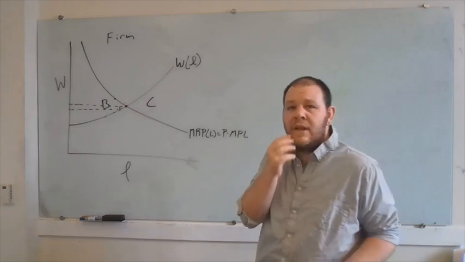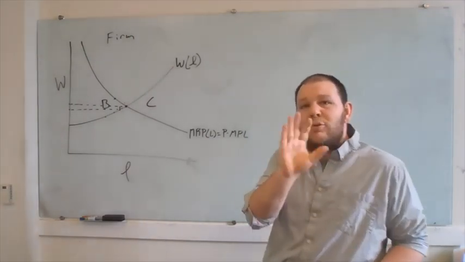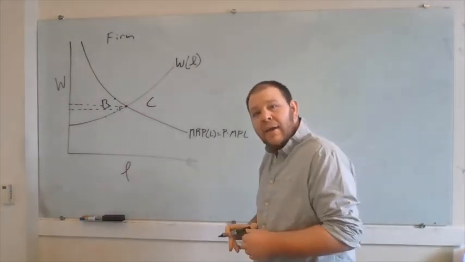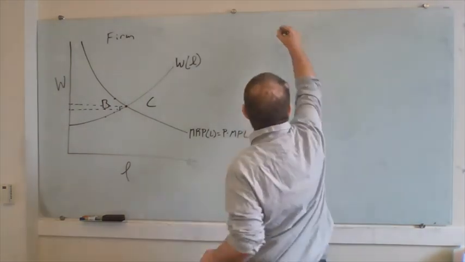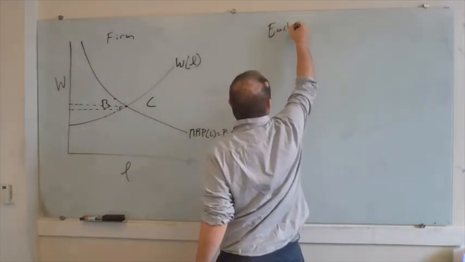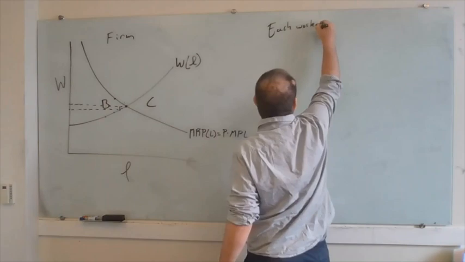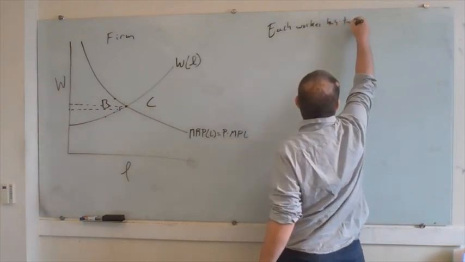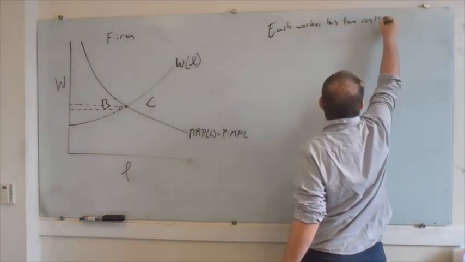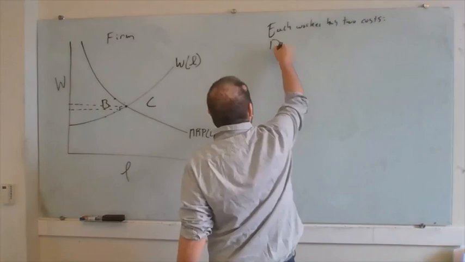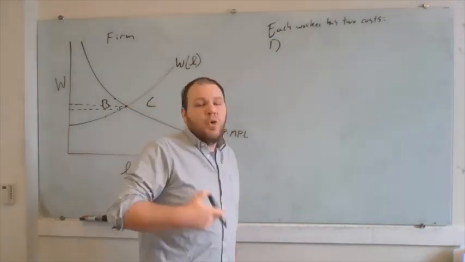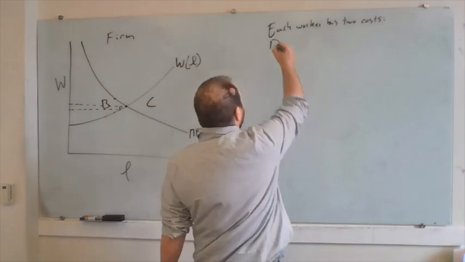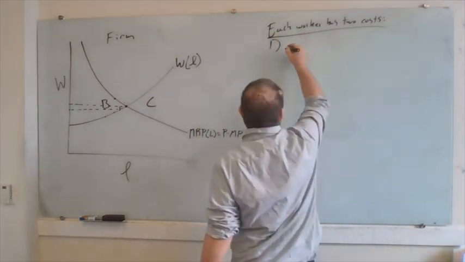In other words, in monopsony, when I'm choosing what wages to pay, each worker really has 2 costs instead of 1 cost. Right? The first cost of hiring an extra worker is the normal cost that we're used to, which is we have to pay them.